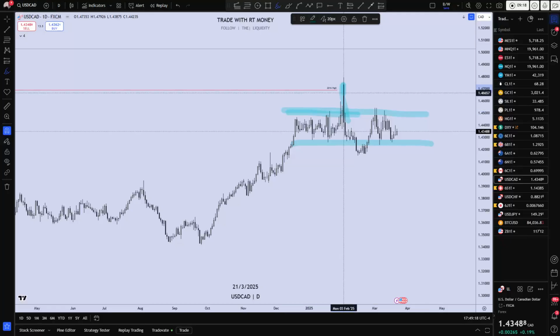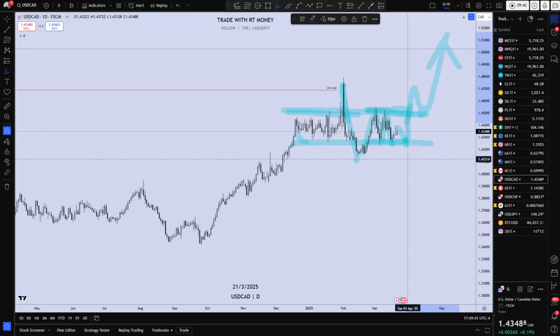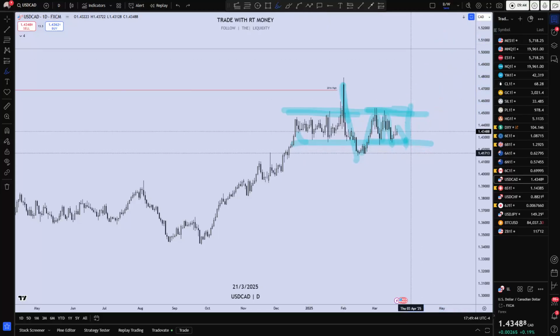You see the move up high, then the move down low to sweep the buy side and sell side liquidity, and then we're right back in the middle of it, going back and forth. I again would wait until price hits these lows, sweeps the low, or taps the low before I look for longs, or wait until it breaks these highs here for price to pull back to, and I can ride it up from there. That's what I would suggest.